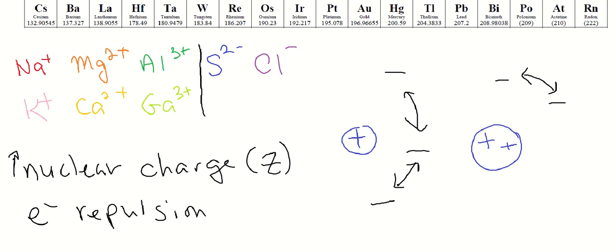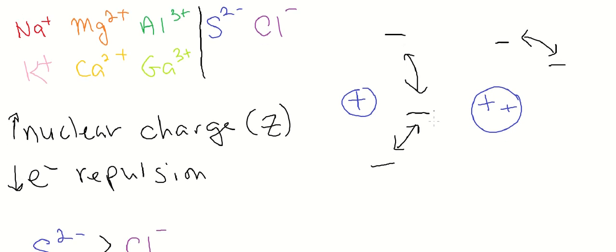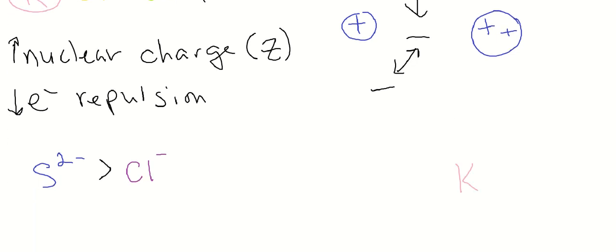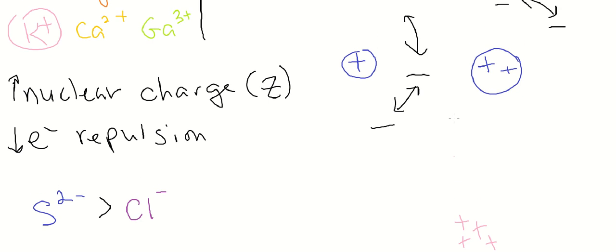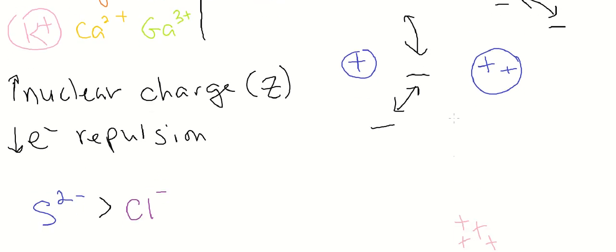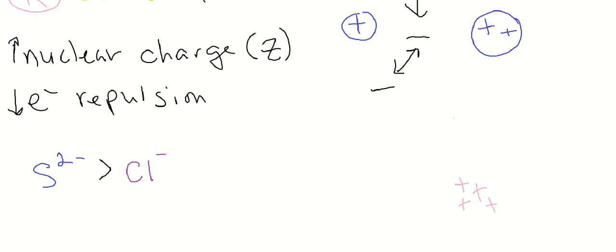All right, so let me see if I can give you this. So potassium is going to be your largest cation. Potassium, because it has the greatest nuclear charge of all of them. Well, actually, that's not true. It has the least nuclear charge of all of the ones in that period, and it only lost 1 electron.